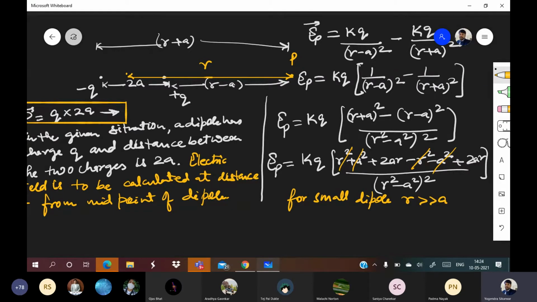So distance r is very large as compared to separation between the charges of the dipole. These two greater than signs are representing much greater than. So when you are doing this, basically you are saying that a is very small and we are going to neglect it or ignore it.